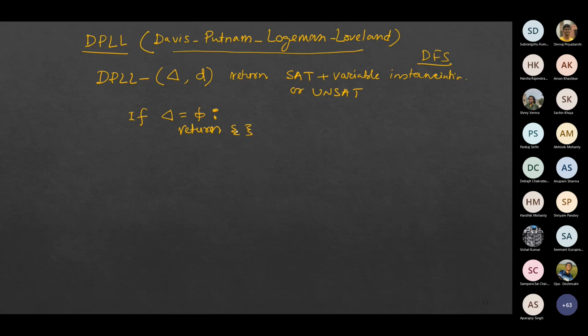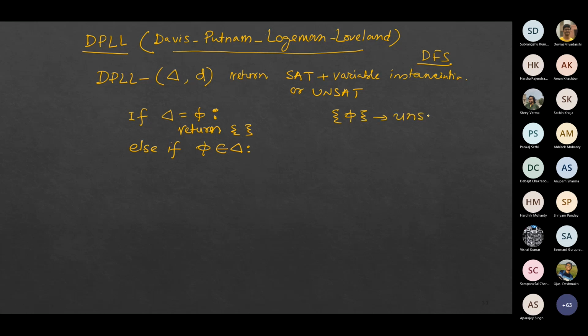Else, if we see that we have a phi in our delta. So these are the two cases we have discussed earlier. So one case is we have something like this, which is the case of unsatisfiable.